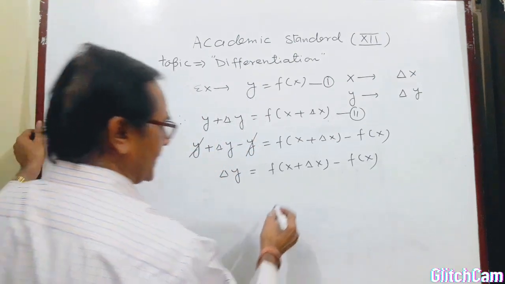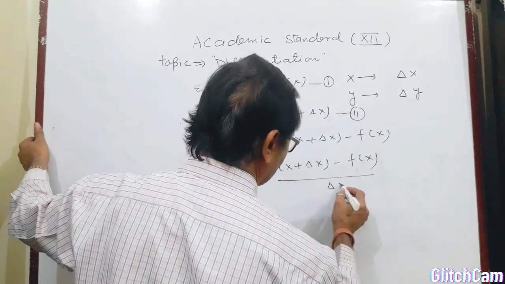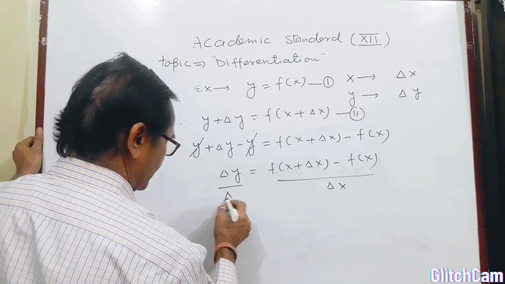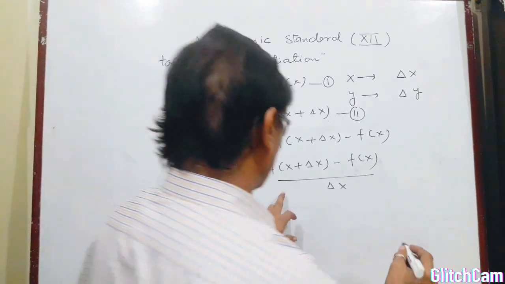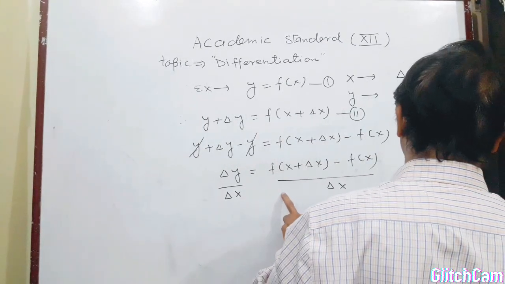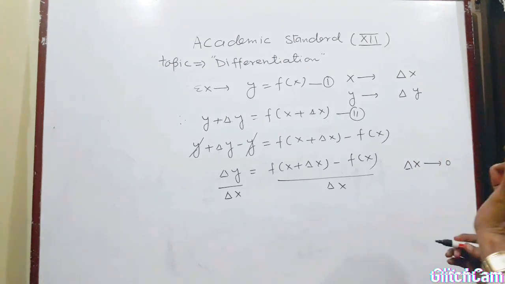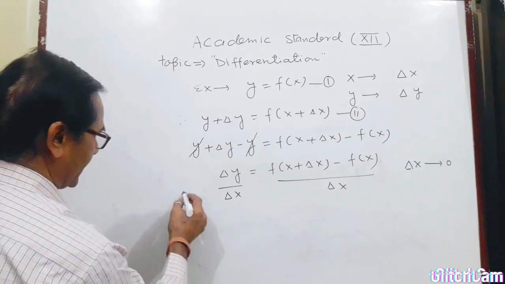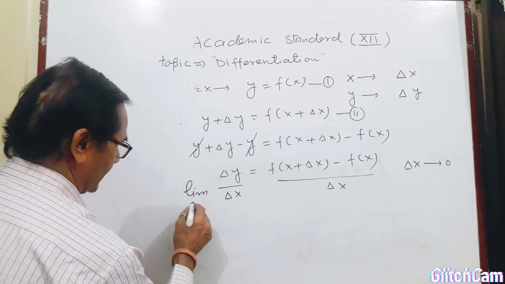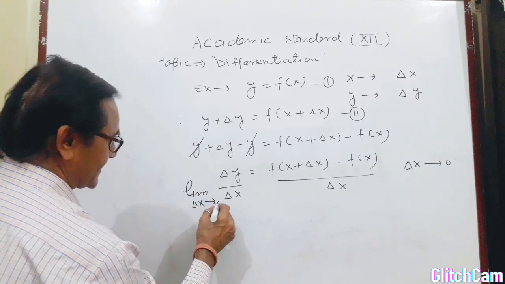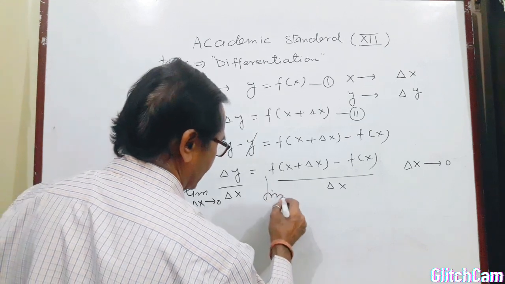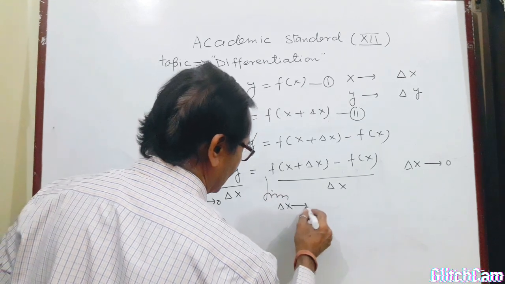We divide by delta x in each term. You should know the concept that delta x tends to 0. It is very small. Therefore we have to take the limit on both sides, delta x tending to 0.